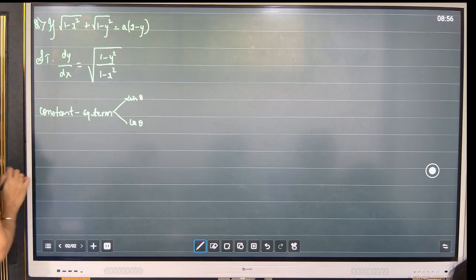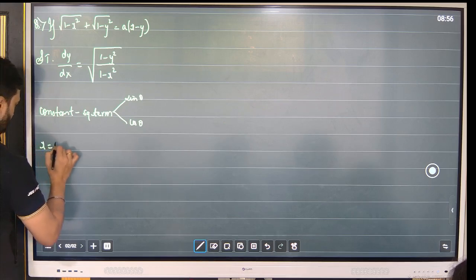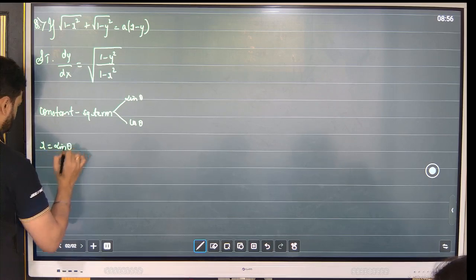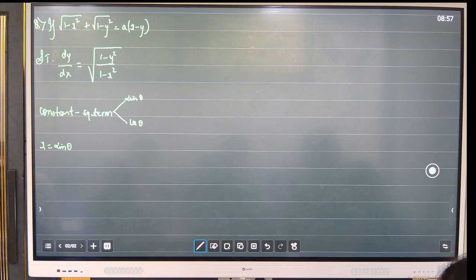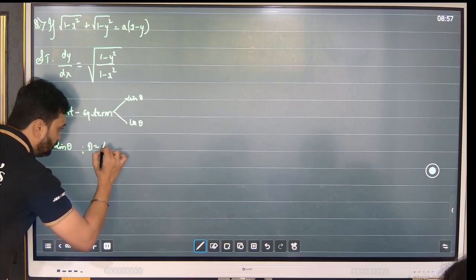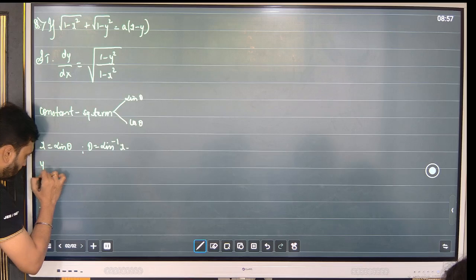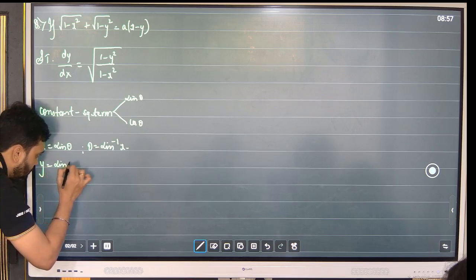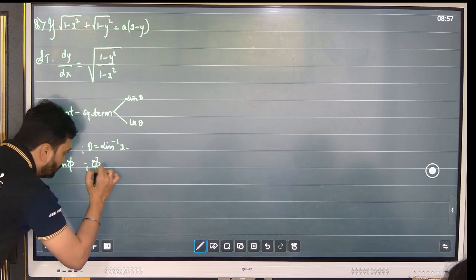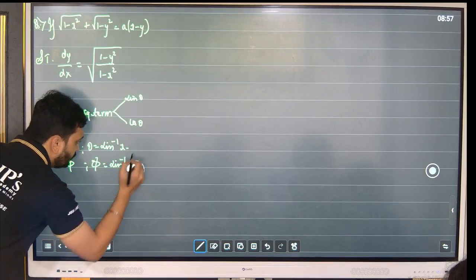So what I am going to do is, we'll start now. I will take x is equal to sin theta. If I take x is equal to sin theta, theta will become sin inverse x. y is equal to sin phi, phi will become sin inverse y.